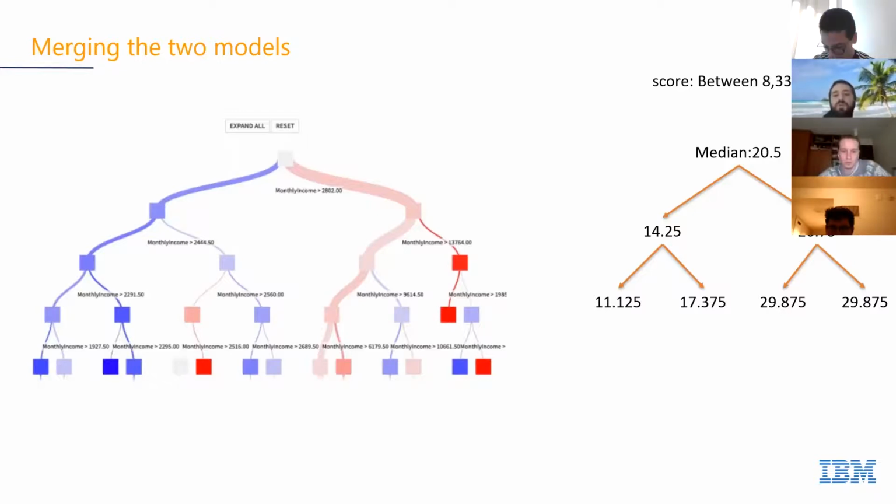So if an employee has more than 14.25 on a score, he should be making more than 2,444.5 monthly, and so on. This model is going to help us figure out how much a single employee should be making regarding the score we found on them.